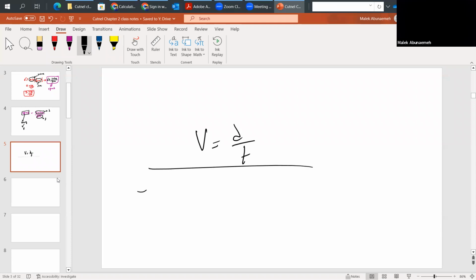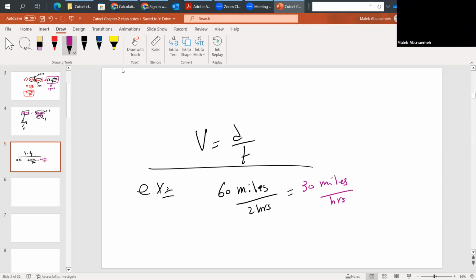So for example, if I tell you you went 60 miles in 2 hours, what is your speed? So it'd be 60 divided by 2. So basically you're talking about 30 miles per hour. That's your average speed. Or let's do another example.